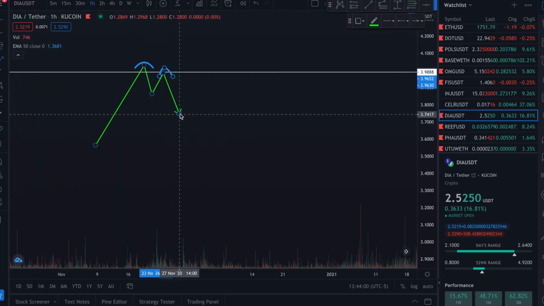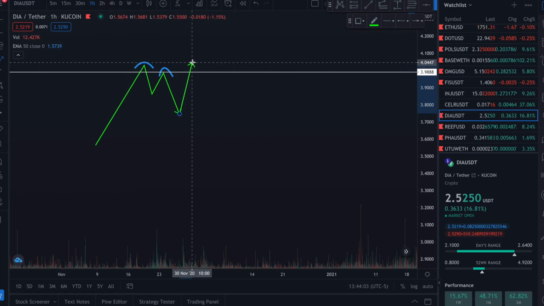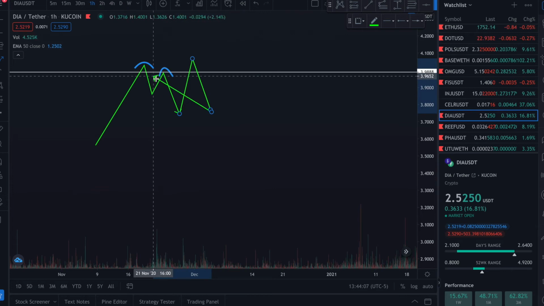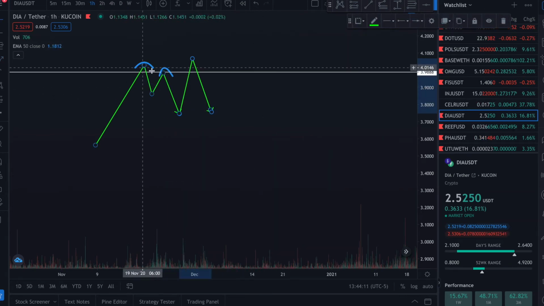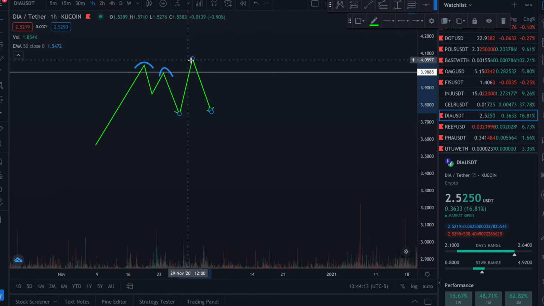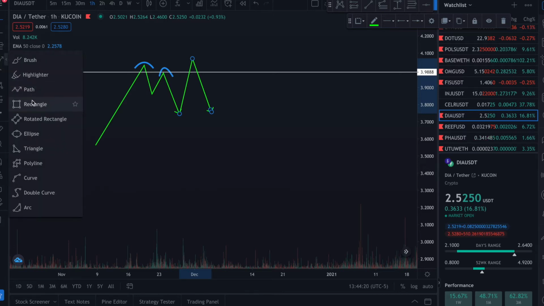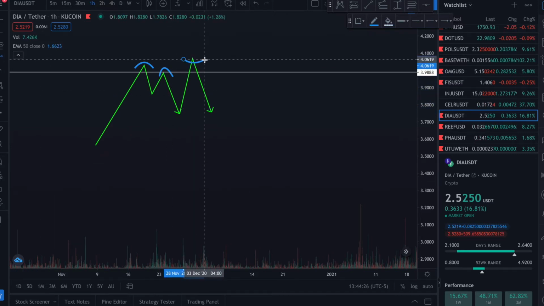See here, if it does something like this and you thought you had a double top, but then the third top comes up here, this is no longer a bearish formation. This is showing you that price can still reverse, or excuse me, not reverse on you. Okay, so remember what we talked about with this resistance line?